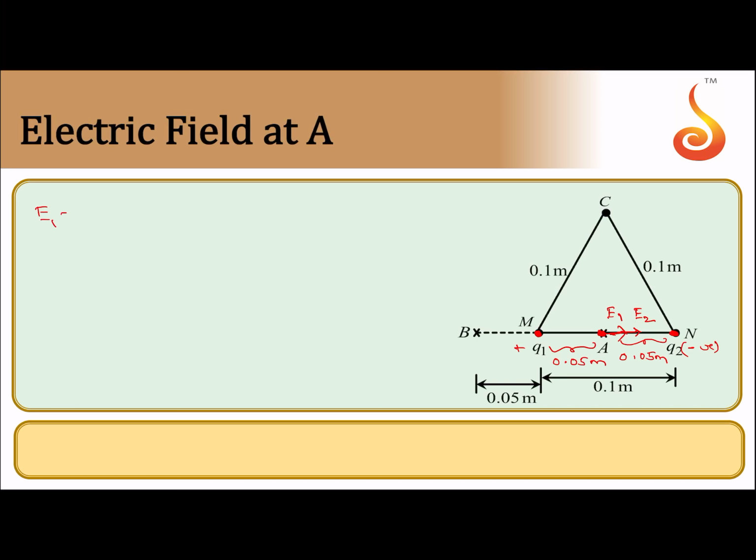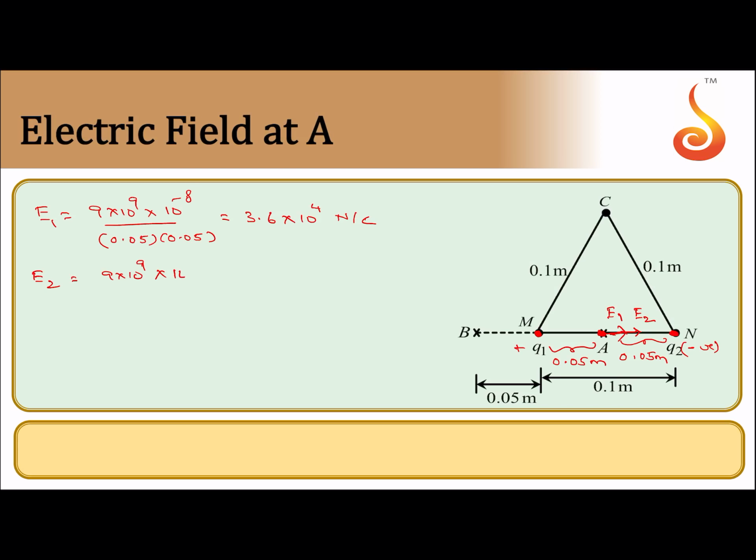Now, all you have to do is get the magnitude. What is E1 going to be? K, 9 into 10 power 9, into Q, 10 power minus 8, kq by r squared, by 0.05 into 0.05, which is equal to 3.6 into 10 to the power 4 Newton per Coulomb. Yep, to the right. Now, if I want to get E2, E2 will be 9 into 10 power 9 into, now the charge is negative, but I will only get magnitudes over here.